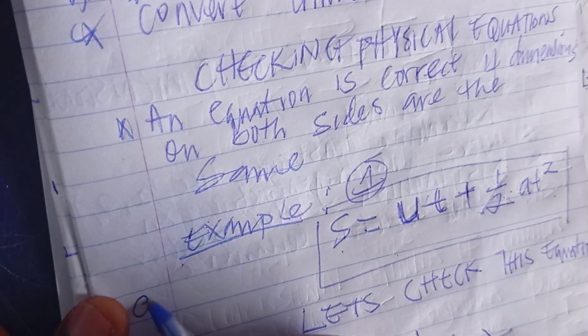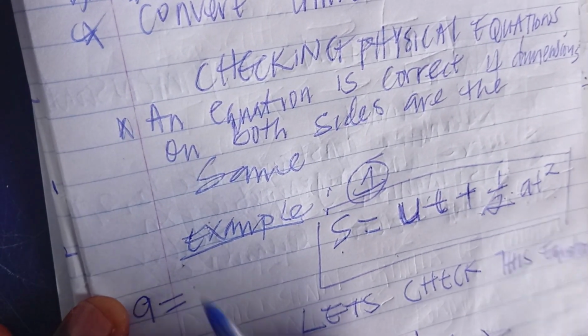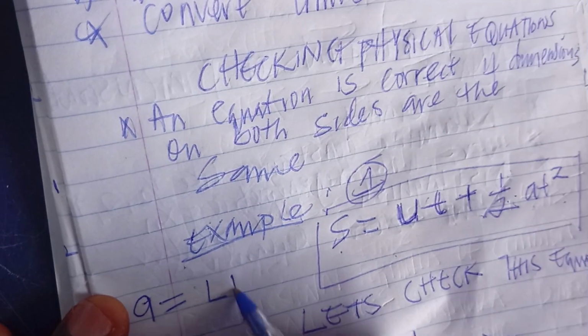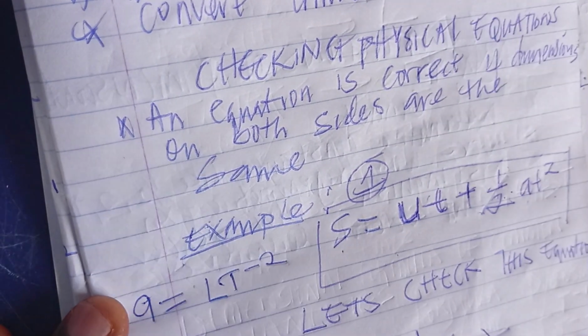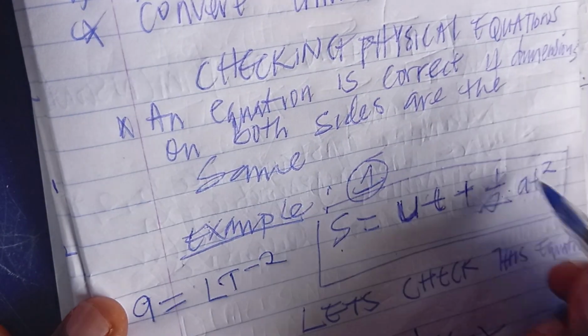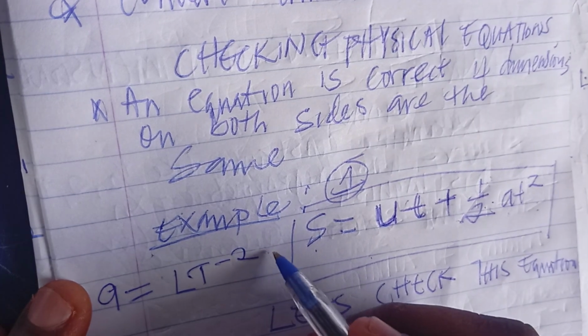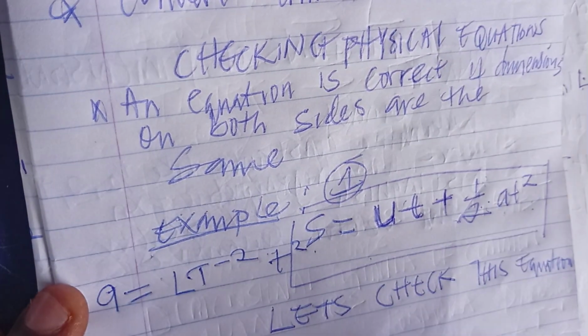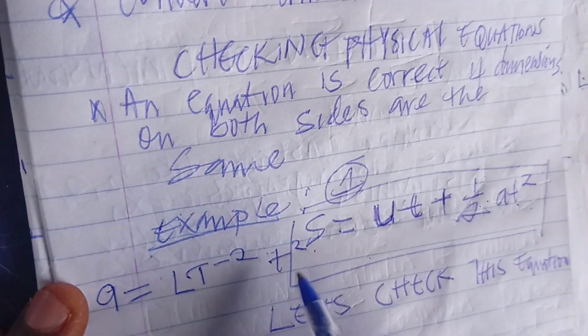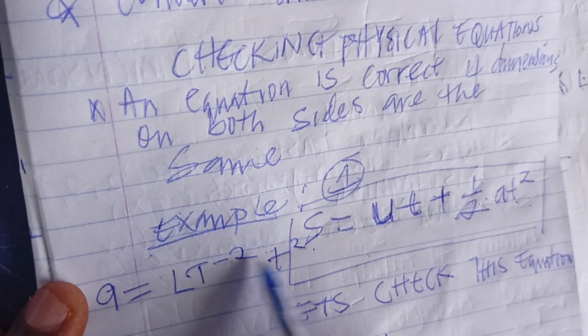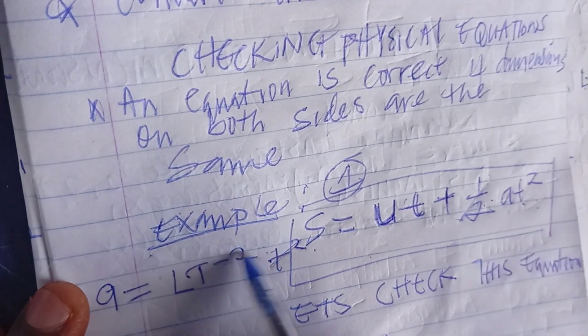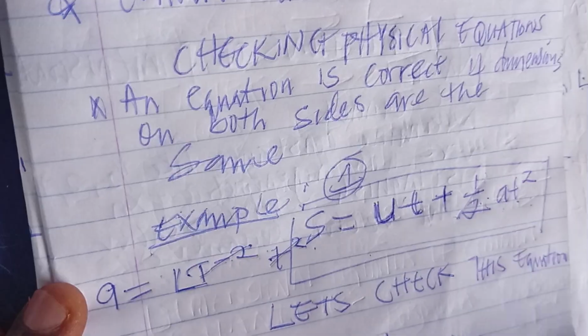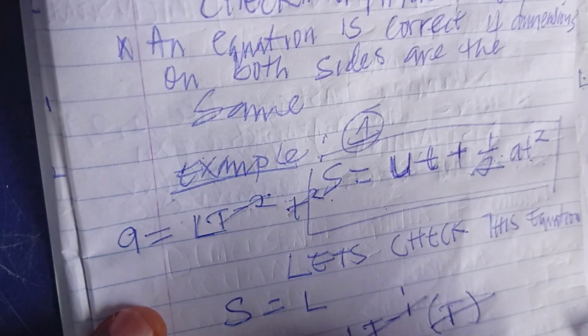And acceleration is LT^-2, right? Good. Now T squared is T^2. So when the T's cancel out, it will remain L. The same L that we are talking about.